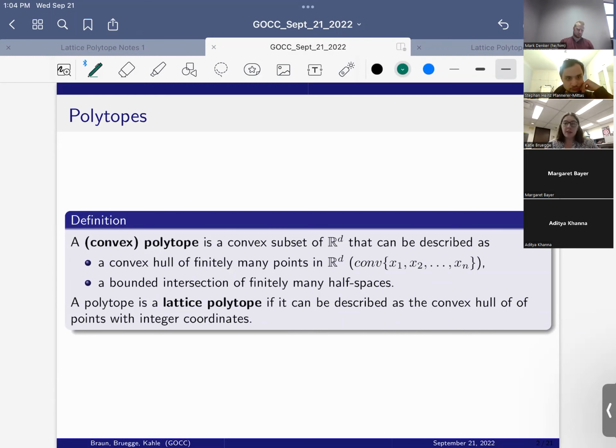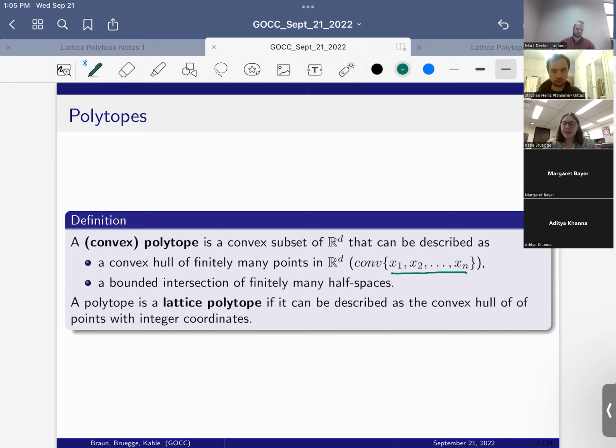Every polytope has a description both by its vertices, so as a convex hull, and by its bounding hyperplanes, called the V description and the H description, respectively. Furthermore, we say that a polytope is a lattice polytope if the points that it is the convex hull of are integer points.